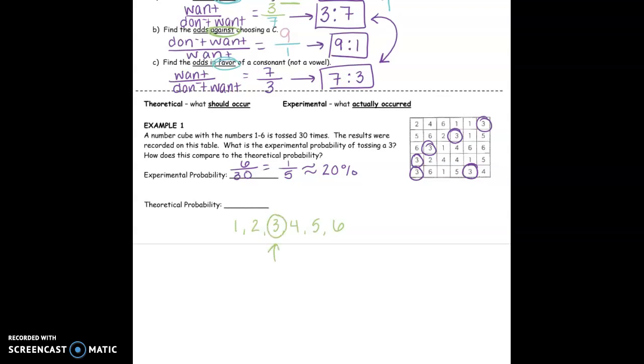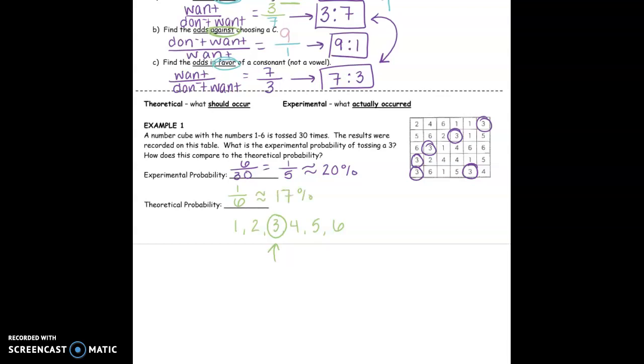It doesn't matter how many times I rolled the dice. Theoretically, every 1 out of 6 times, because there's 1 3 out of the 6 total options, I would be rolling a 3. It doesn't matter how many times I do it. In a perfect world, it would be 1 6. And that is roughly 17%.